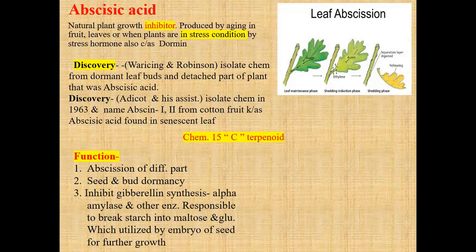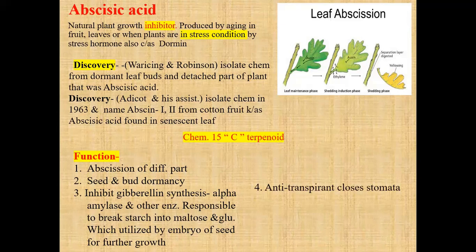But abscisic acid inhibits gibberellin synthesis, so no energy is released for the dormant seed or bud. That promotes dormancy, meaning no further germination is carried out.